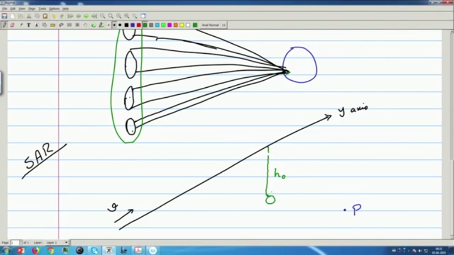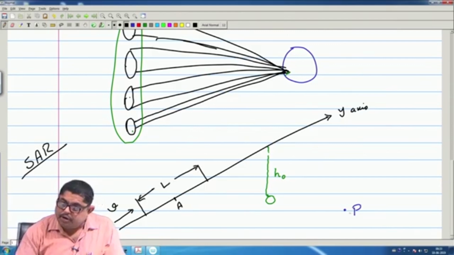Okay. And let us say that the radar is looking at point P. You see, always it cannot look at it, because the antenna is oriented in a particular direction. So, beam is coming. So, let us say from here to here, let me call the midpoint of that A. So, from a distance L, the radar is observing this point.